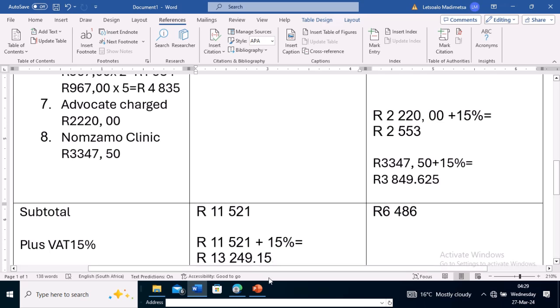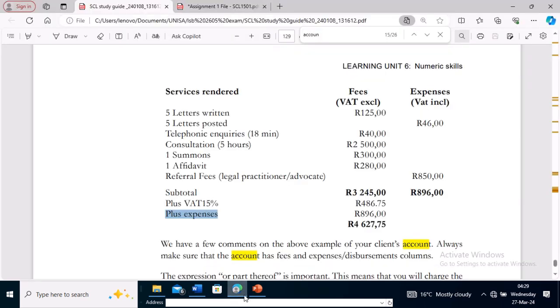Then we are not done. As it is stated, plus expenses, that's where we are able to add the fees and the expenses. The reason why is because the expenses already have VAT, and the fees did not have VAT, but since we have added VAT, we can combine everything all together.